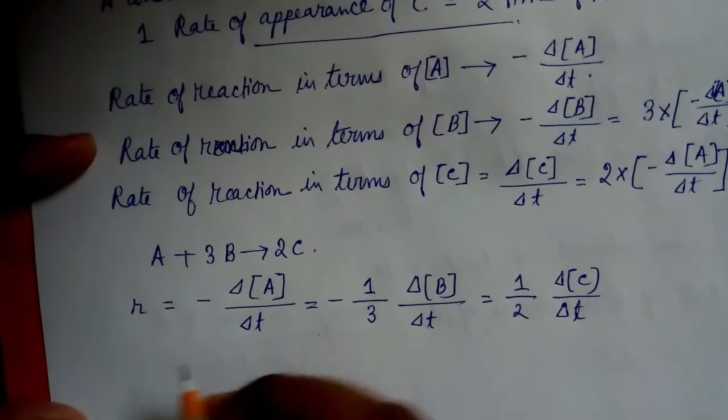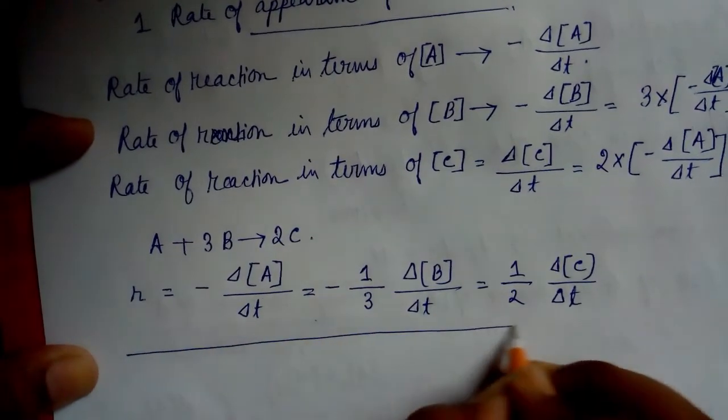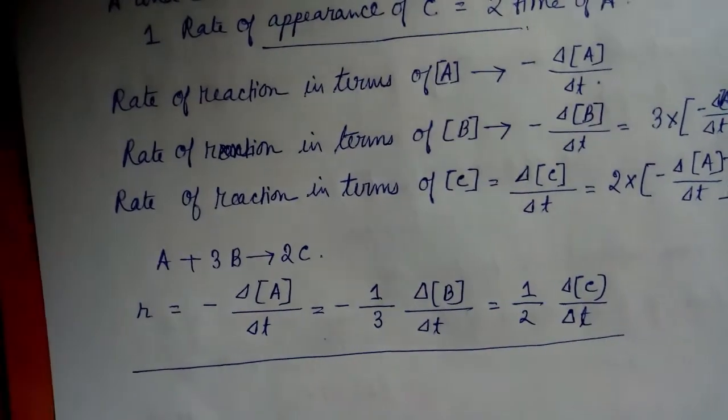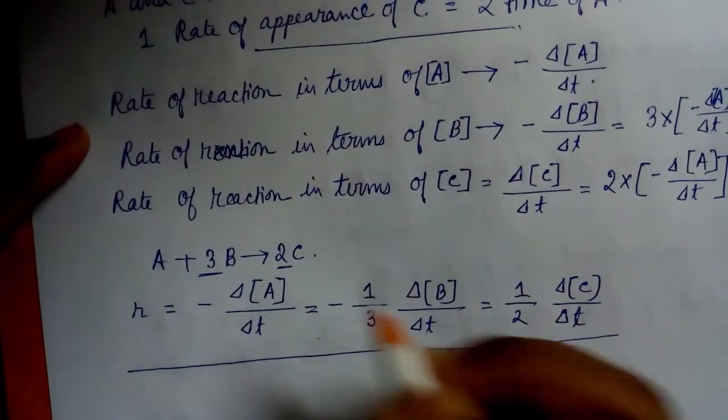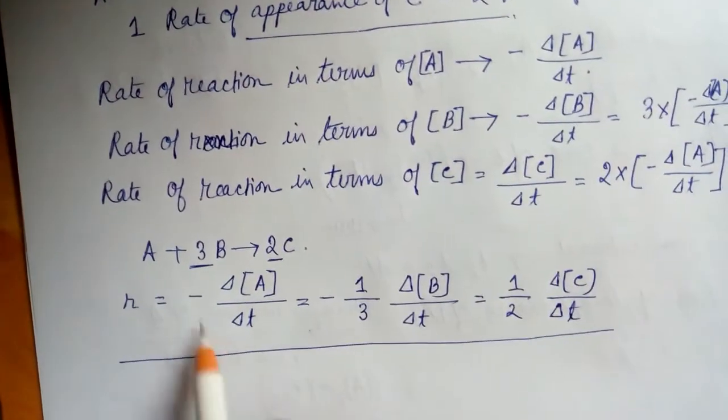So this is actually the general term in determining the rate of this reaction. In any example where there is a stoichiometric coefficient written in the reaction, the formula will be this.